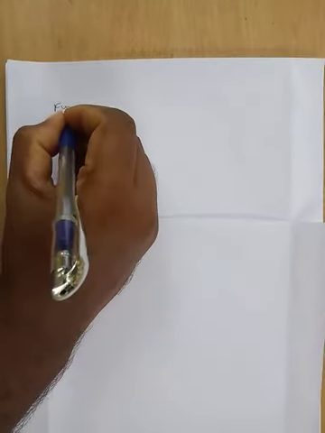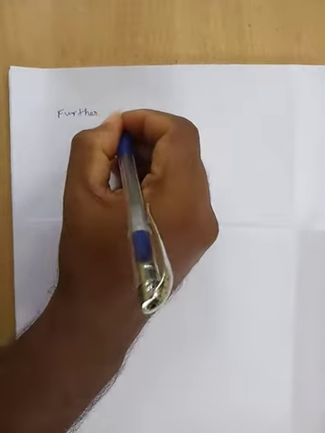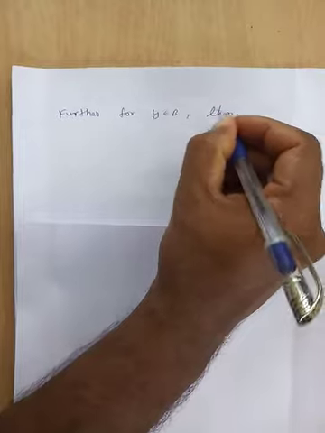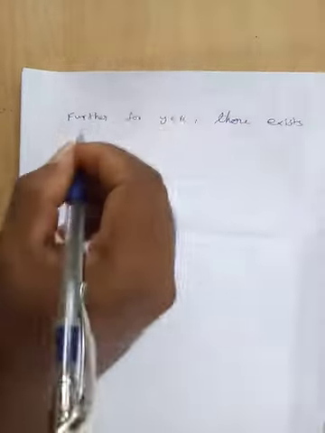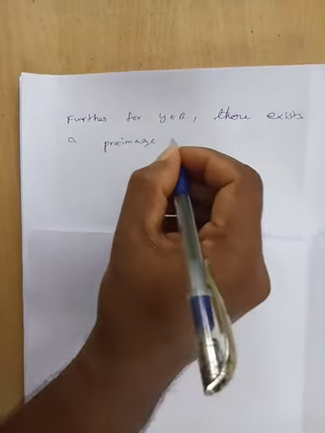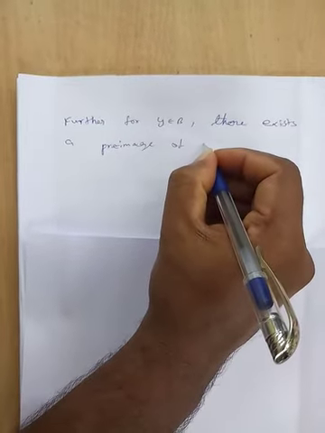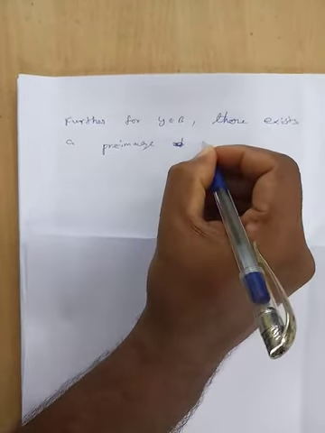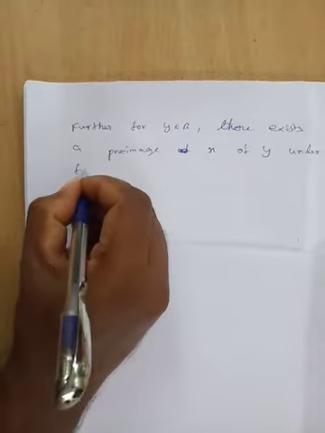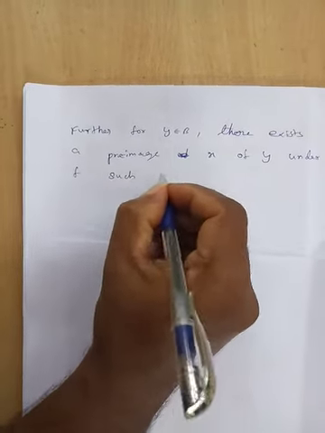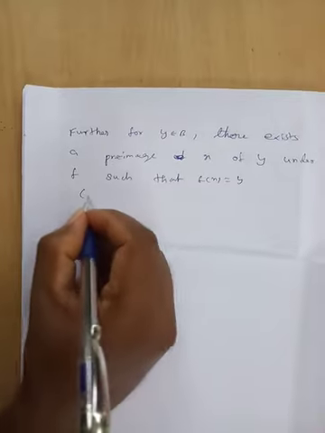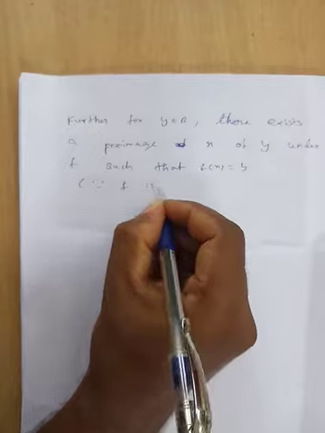Further, for y belonging to B, there exists a preimage x of y under f, such that f of x is equal to y, since f is onto.